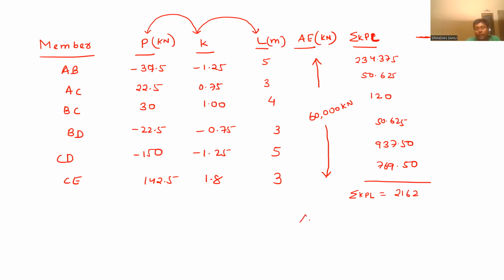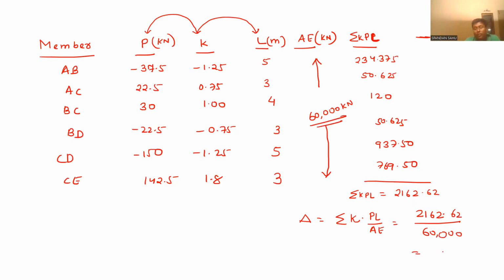Now, delta will be equal to summation of K into PL upon AE. So, it will be 2162 by AE is 60,000, which we have calculated.